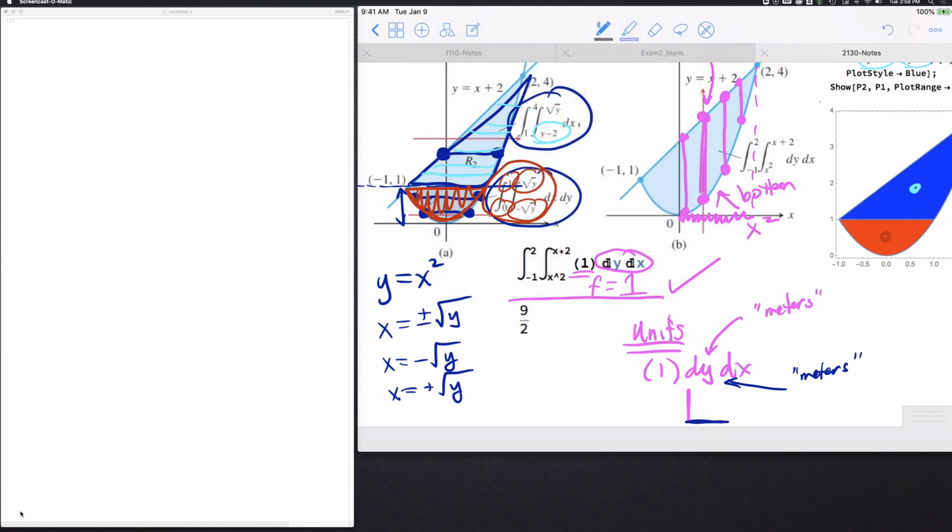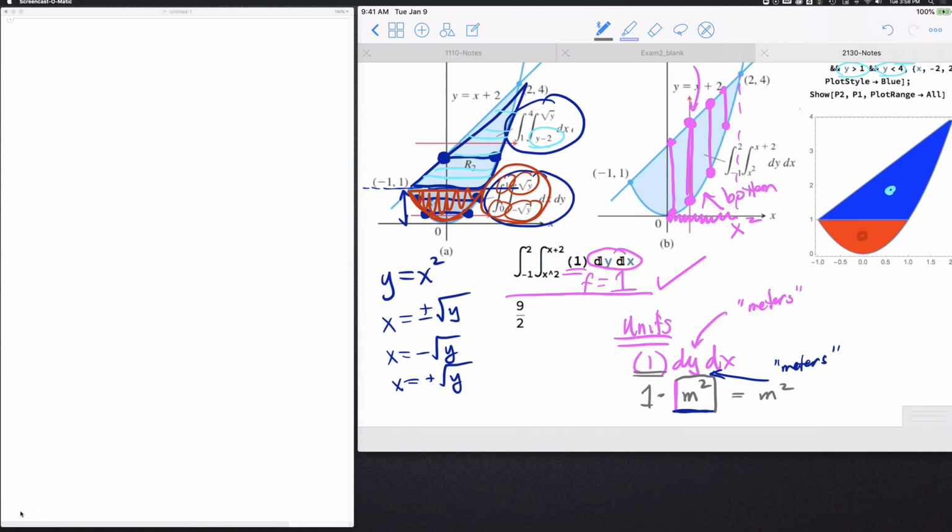When you multiply the two together, you get meters squared. And 1 is just a number, so 1 multiplied by meters squared gives meters squared. So the integral has the units of area.